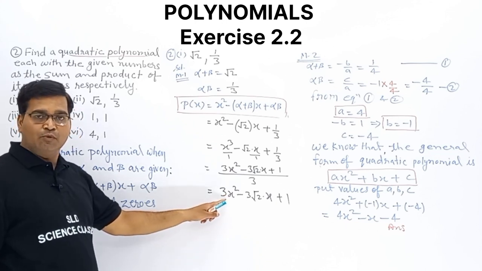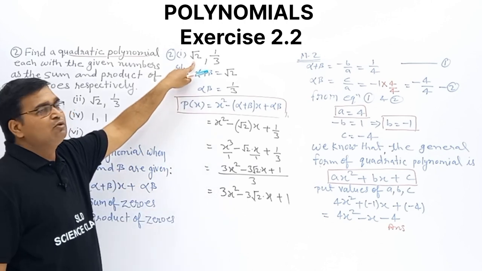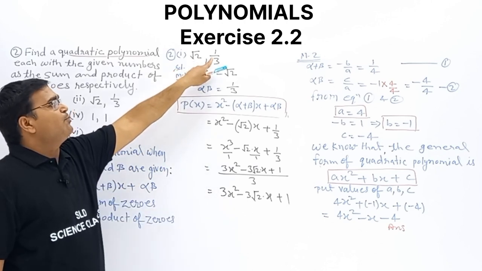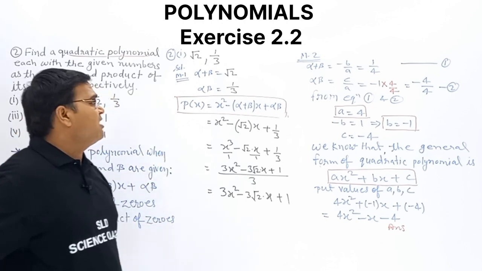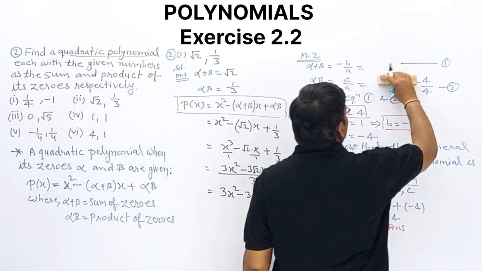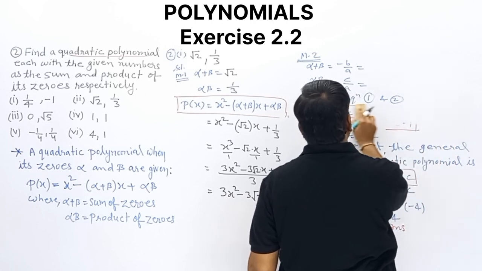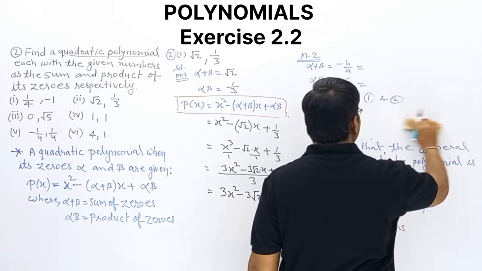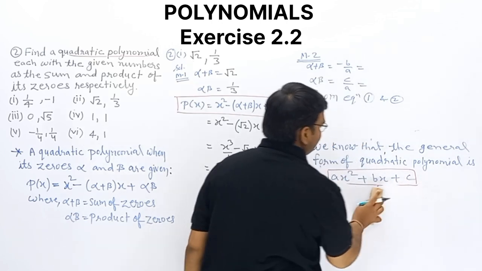Its degree is 2. So we can say this is the quadratic polynomial for the sum of the zeros root 2 and product of zeros 1 by 3. Now by using the second method I want to check whether we are getting the same result or not. How will we do it? Observe.